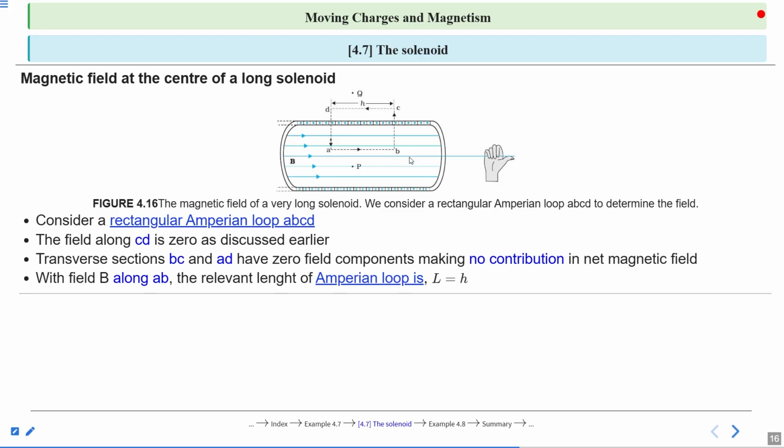It is a rectangular loop, but the lengths of AD, BC and CD will not be considered because the magnetic field along these sections is 0. Only the length of AB is considered, and the field is along AB only.